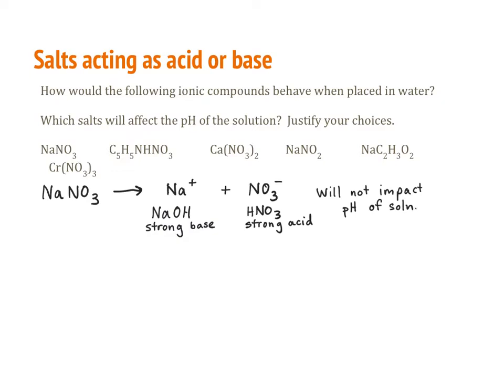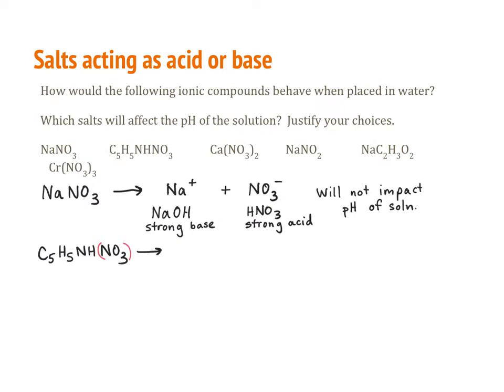All right, so let's look at the second one, C5H5NHNO3. Now you might think, wow, this is a big compound. How would I ever know how this thing is going to break down? But I recognize within this compound the NO3 polyatomic ion.